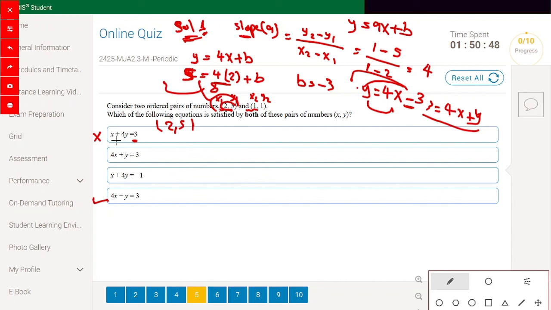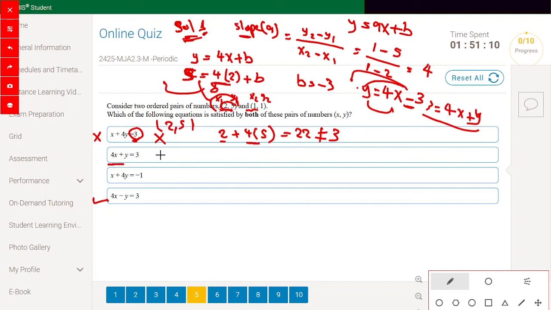For example, x plus 4y equal to 3. So 2 plus 4 multiply 5 will equal 2 plus 20, which is 22, which is not equal to 3. So this is not an answer.